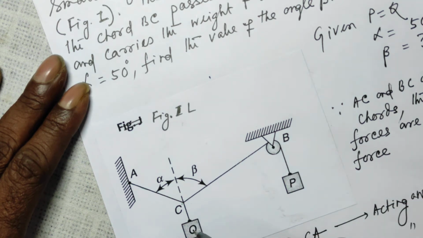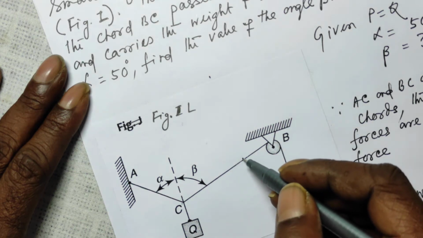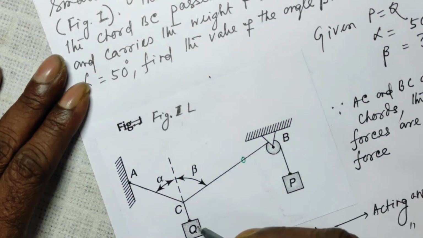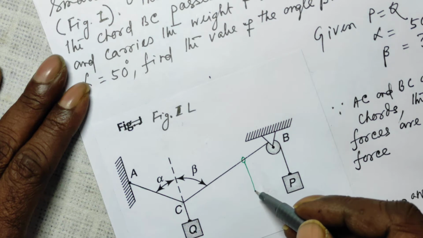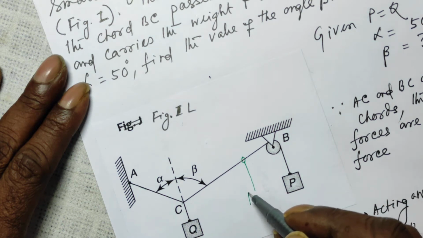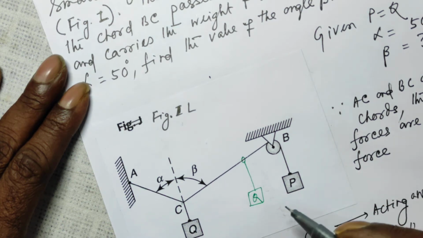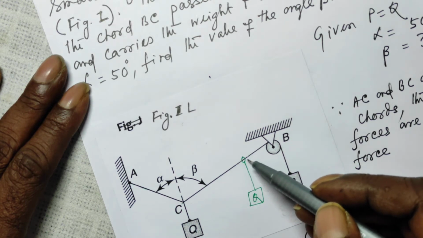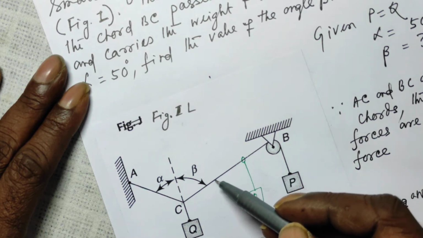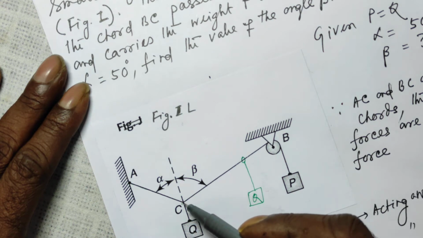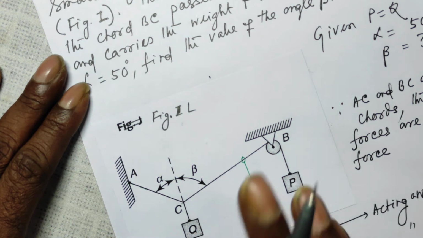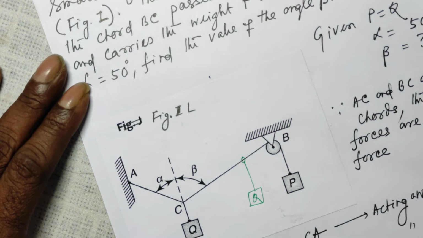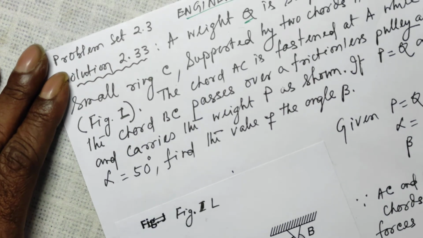And this weight Q is suspended from a ring like this, right? The moment you let it go, the ring will slide down and come to the point C, and at the point C it will remain like that, which means the system will be in equilibrium.